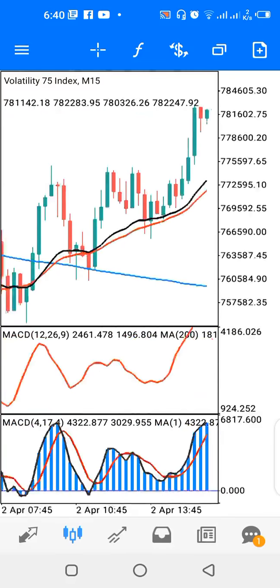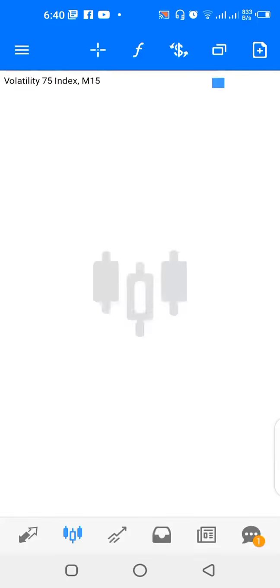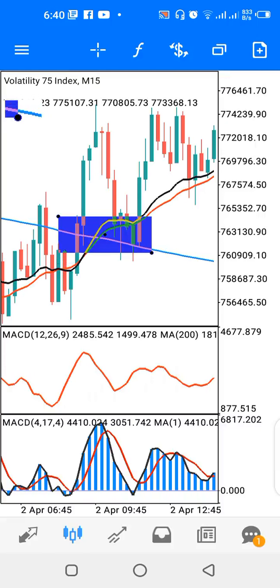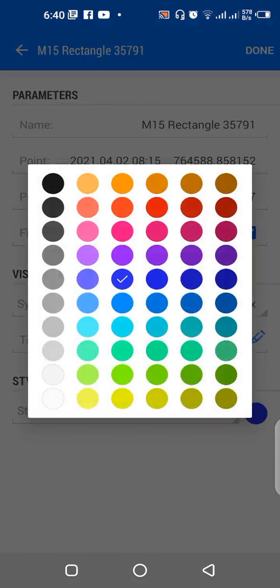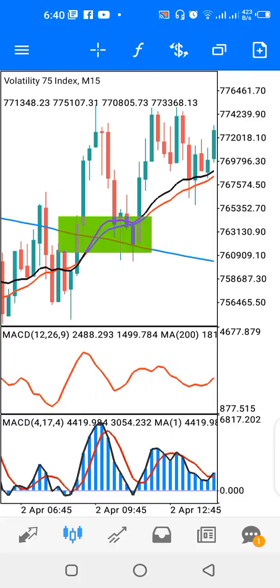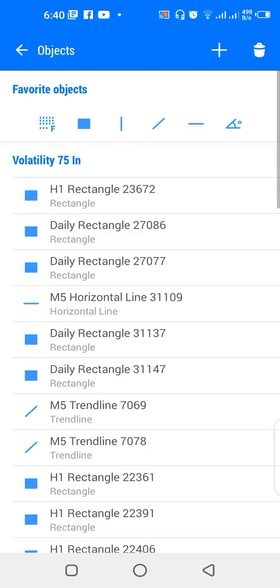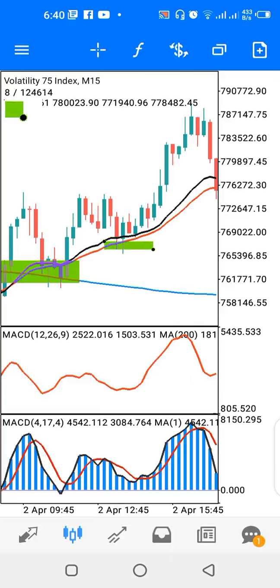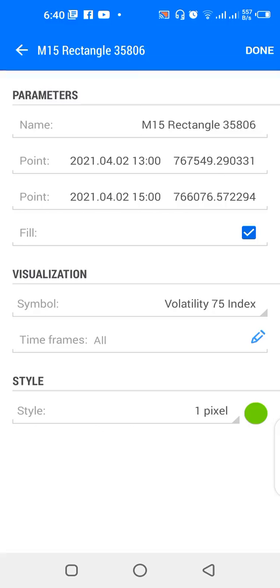Let's look for a bullish example. Using the color green, when you have the red and the black line crossing over, your retest should be here, and there you have your stop loss.